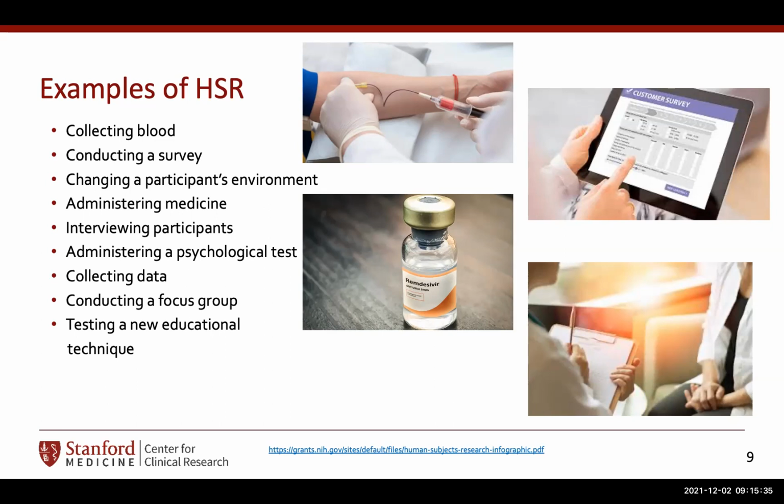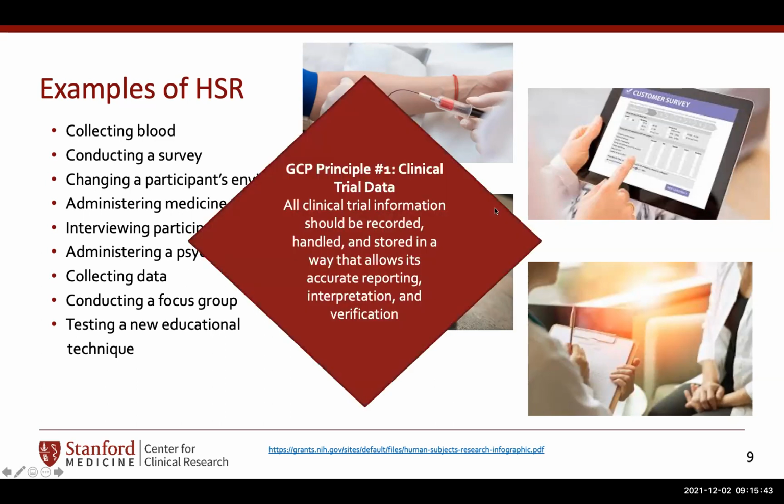So again, this is per NIH. These are all examples of human subjects research. And next, we're going to talk about some of those exemptions.